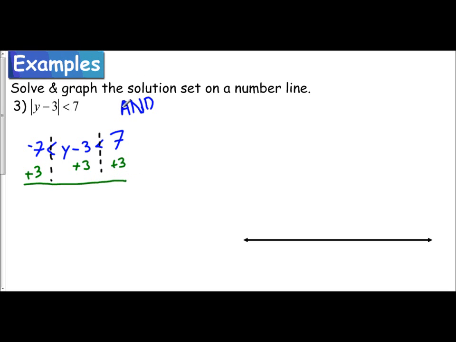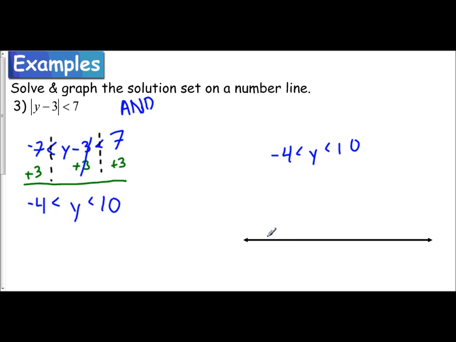And so that gives me the compound inequality. Negative 7 plus 3 is negative 4, is less than the negative 3 and 3 cancel, y, which is less than 10. So our compound inequality that we're going to graph over here is negative 4 is less than y, which is less than 10.